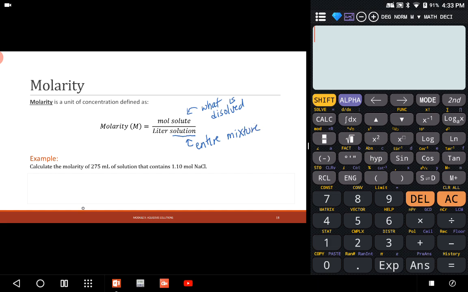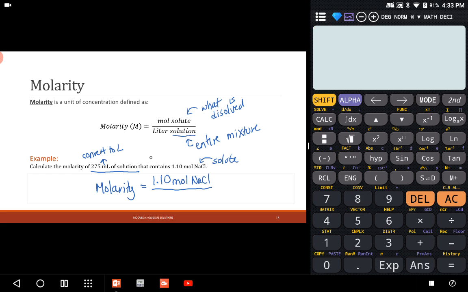So for example, this problem says calculate the molarity of 275 milliliters of a solution that contains 1.10 moles of sodium chloride. So this is my solute, and so that's going to go in the numerator for my molarity. So molarity is going to be equal to my 1.10 moles of NaCl, and then this is reported in milliliters, but the definition of molarity is per liter, and so I have to convert this to liters.